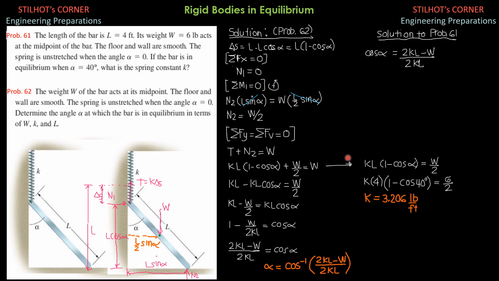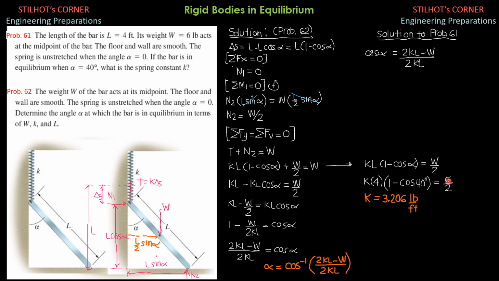So factoring out KL, KL times (1 minus cosine alpha) equals W over 2, because W minus W over 2 is W over 2. So substituting KL is 4 feet, then quantity 1 minus cosine 40 degrees, alpha is 40 degrees here, is equal to weight 6 pounds over 2.